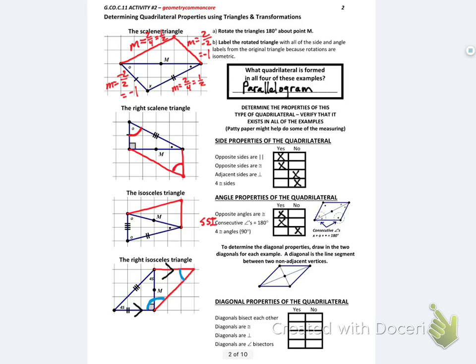I'm going to go ahead and add the other diagonal for all four of these, because it's good to get a view of all of the diagonals, so we can have a good visual to determine what properties are true.